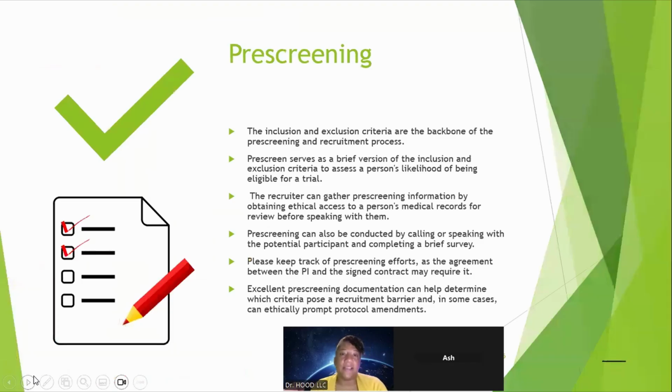Okay, so we're going to get into pre-screening. Pre-screening is a very important aspect of the inclusion exclusion criteria. Usually that list is pretty long, or it can be short, but if you're doing a drug trial, it can have several different criteria, on both the inclusion and the exclusion side.